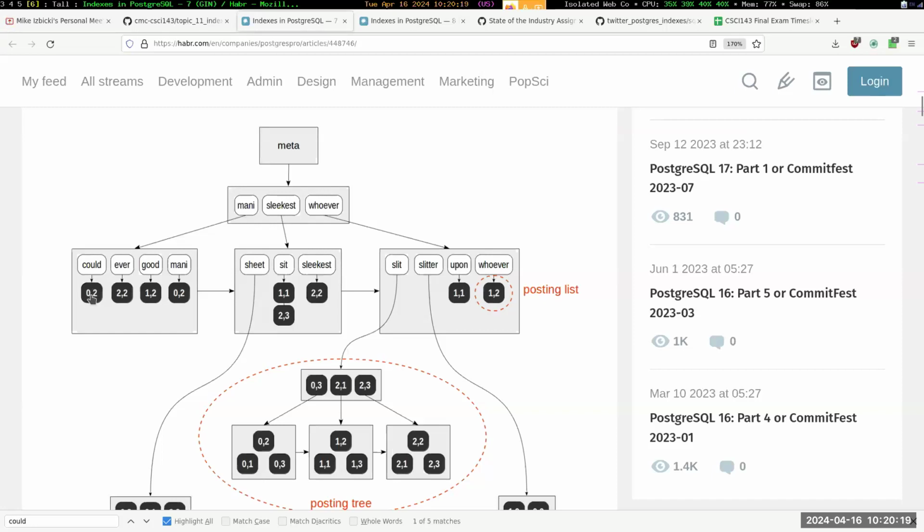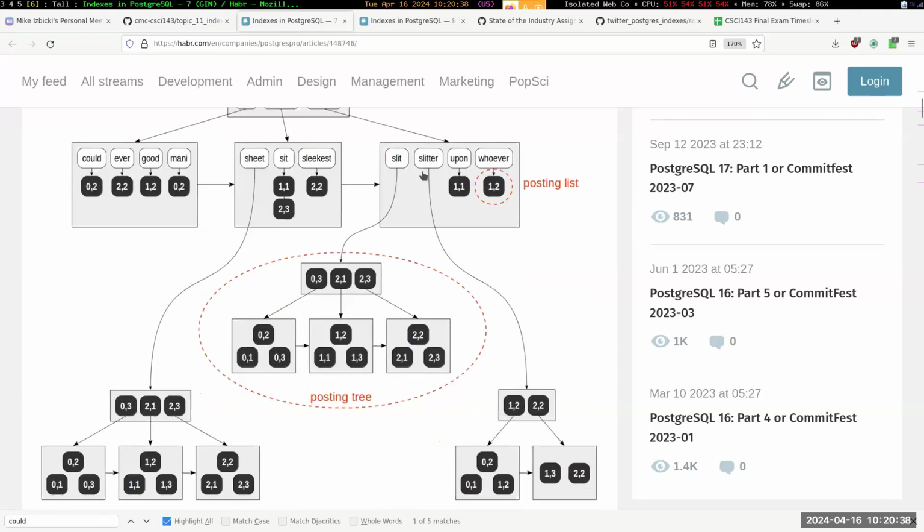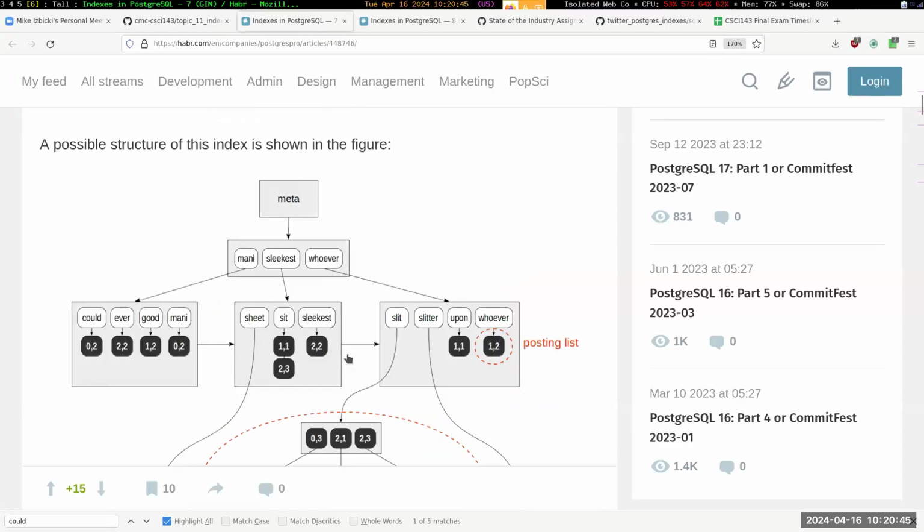They were not drawn because they contain exactly one each. In this case, though, the authors have decided to explicitly draw the tuple IDs because there are potentially more than one in some locations. Like here, the posting list for sit contains 2, and the posting list for slit contains 9 different tuple IDs down here.